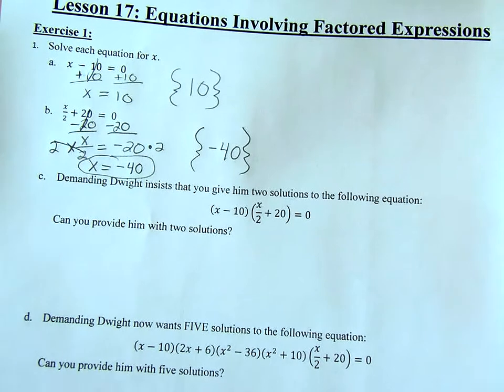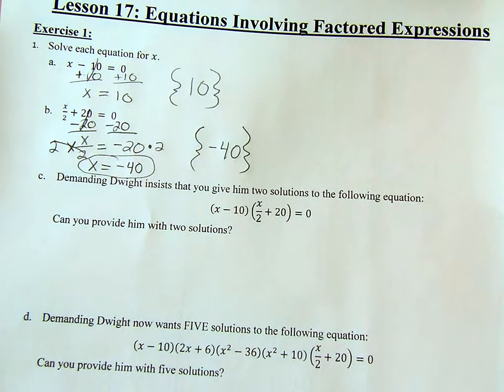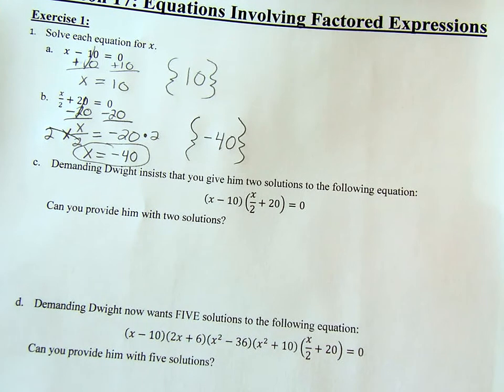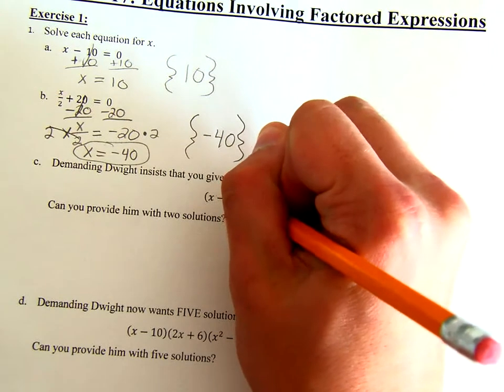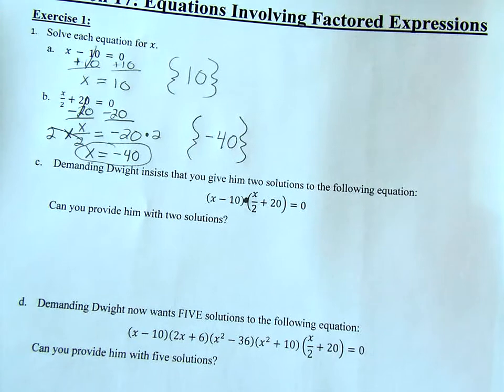For part C, it says, demanding Dwight insists that you give him two solutions to the following equation. We have x minus 10 times x over 2 plus 20 is equal to 0. So again, we have multiplication in between these two quantities.